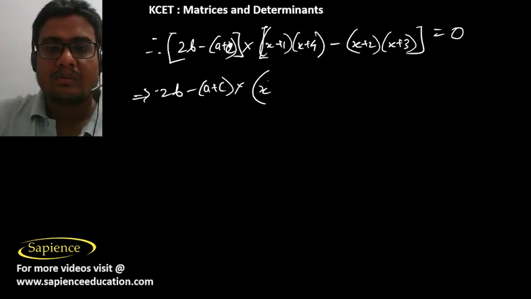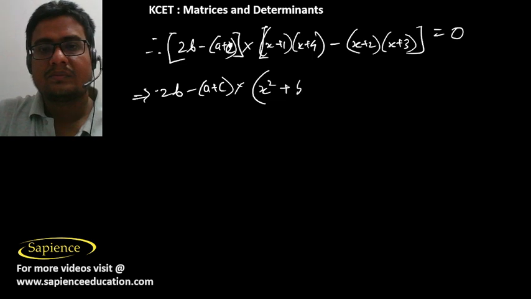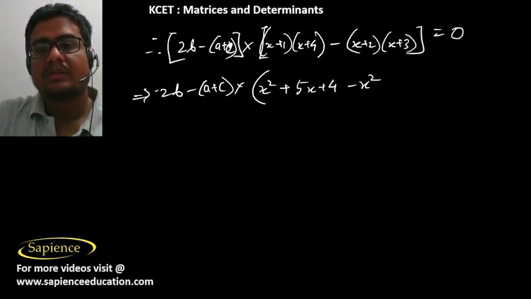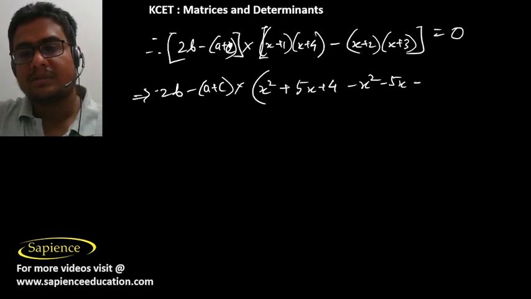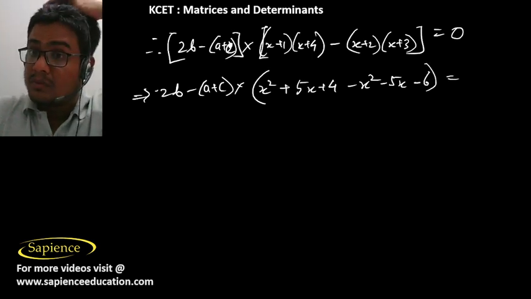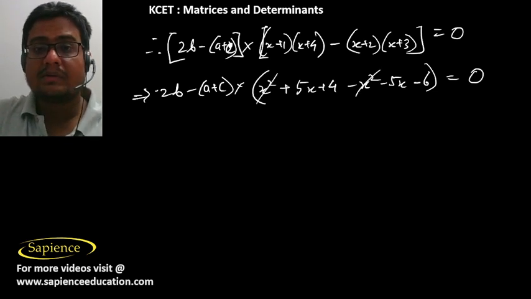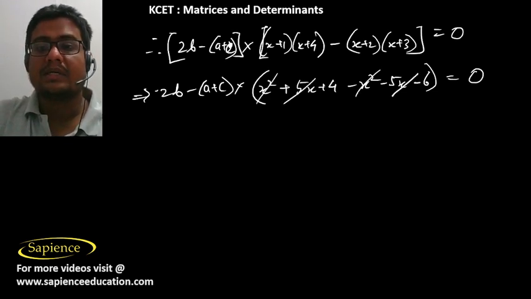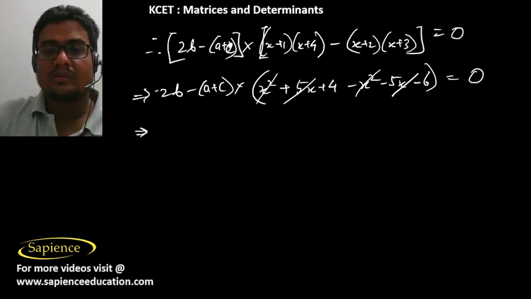So this will be equal to x square plus 5x plus 4 minus x square minus 5x minus 6, that is equal to 0. It means x square and x square will cancel, 5x and 5x will cancel. So 4 minus 6, that is minus 2. So therefore we can say that 2b should be equal to a plus c.